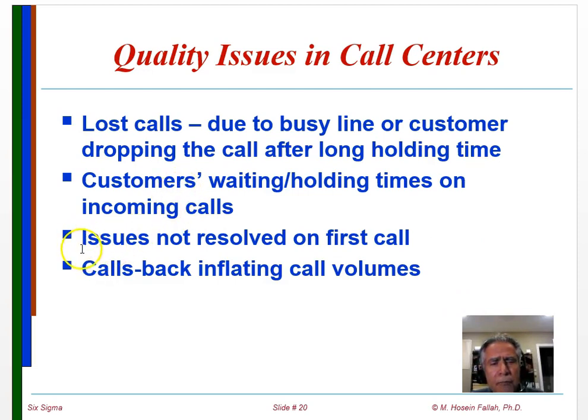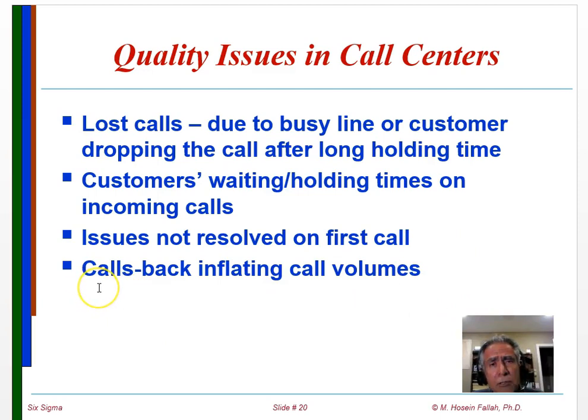Another issue they identified was not resolving a call in the first attempt. In a call center where people have issues, the customer calls in and expects their problem to be resolved while they're on the line. If that's not done and they either get passed to another department or have to call back, that's not a good thing from the customer satisfaction and also from the corporate perspective.